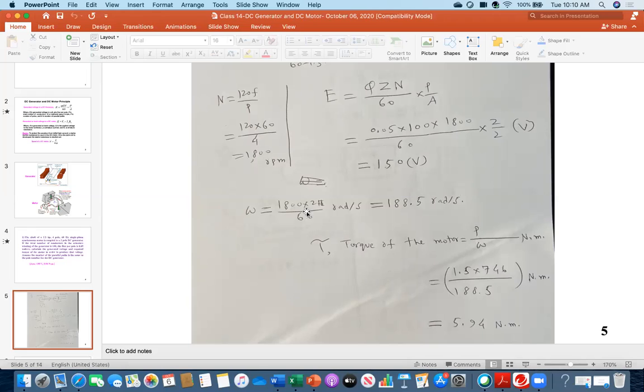Oh, okay. So you see, I'm showing the solution. In the torque equation, it is P over omega, but then the P value should be in watt. You have to express it so, but horsepower is given. That's why you need to convert into watt by multiplying it by 746.